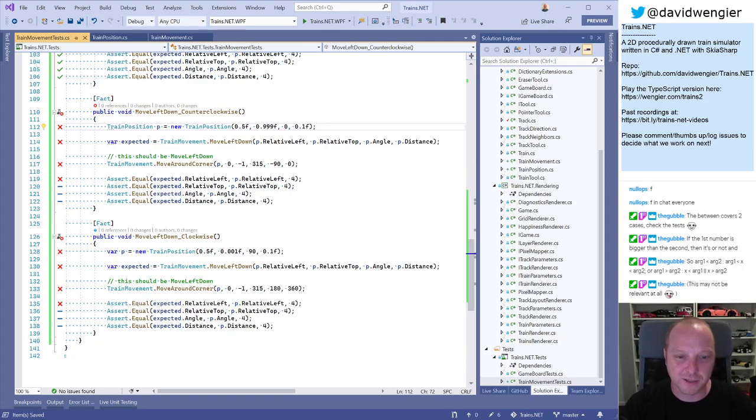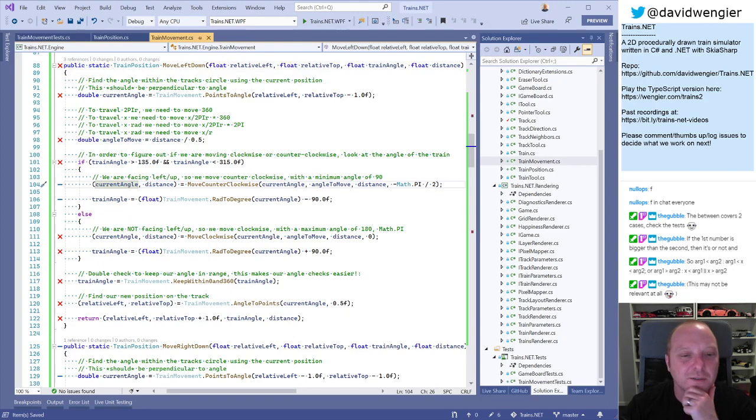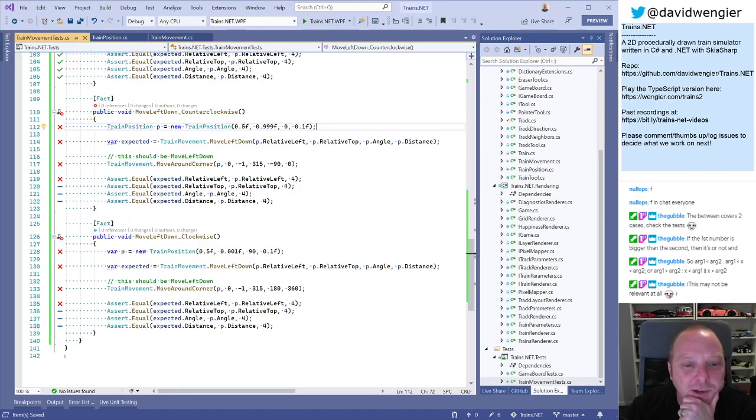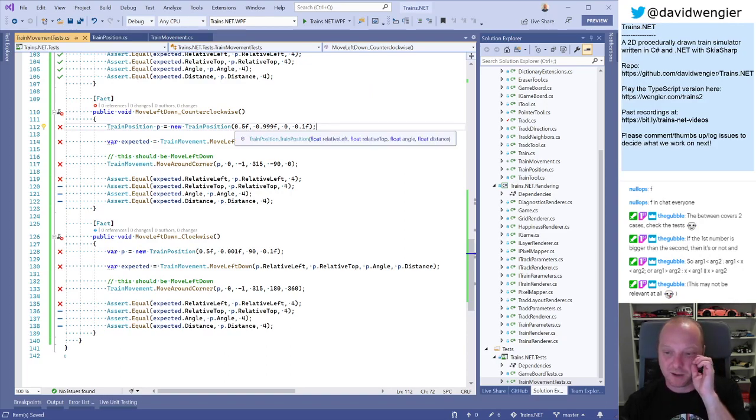I mean, it still failed, obviously, but no, this still doesn't have cover. Okay, hang on, what have I done wrong? Left down. So counterclockwise means we're coming up at the bottom, so we're in the middle of the track horizontally, and we're at the very end of the cell vertically.